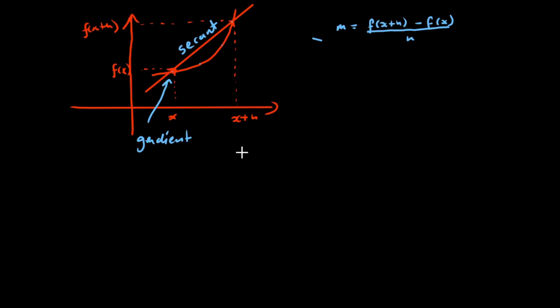So if we are thinking, ladies and gentlemen, what if I start reducing this distance? This distance is what you called h. If I start reducing this distance, let's say it comes here, the x plus h comes here while the h has been reduced like this. I'm going to have a secant line that's going to pass through these two points.